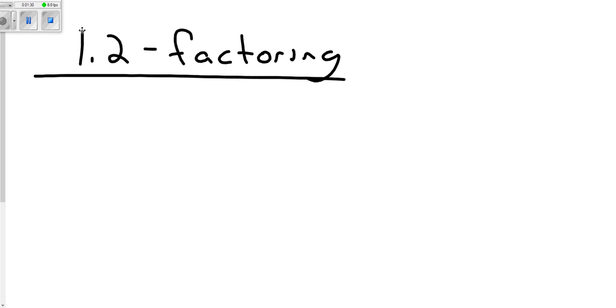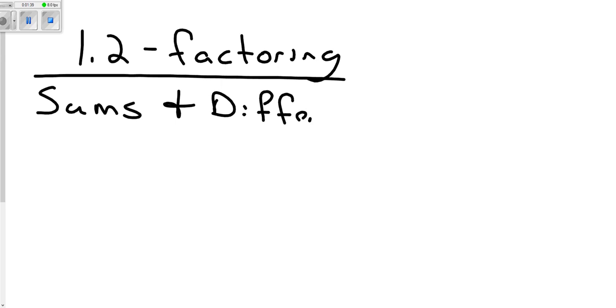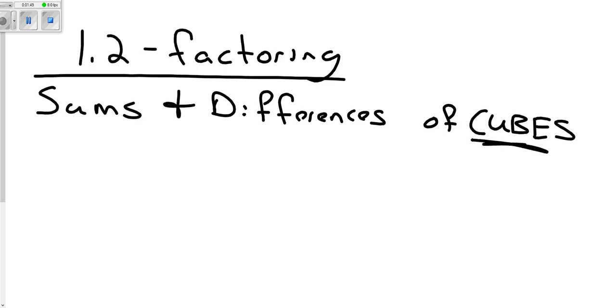All right, let's do sums and differences of cubes. Okay, we've done squares before, now we're going to do the cubes.